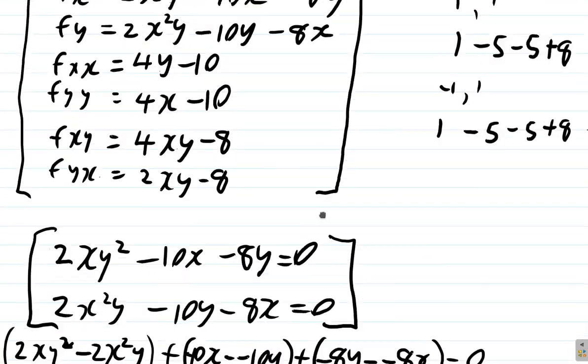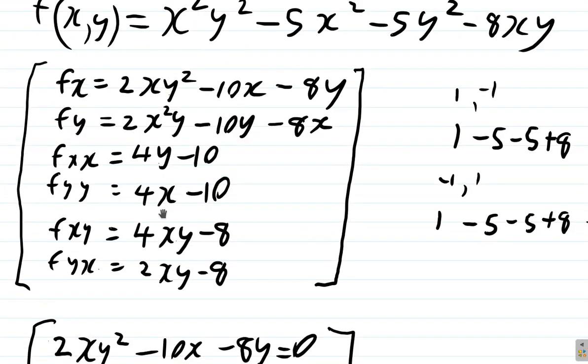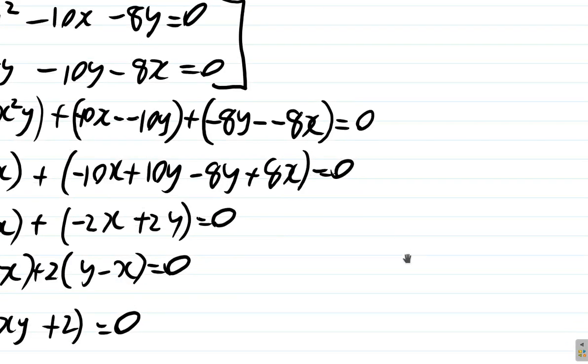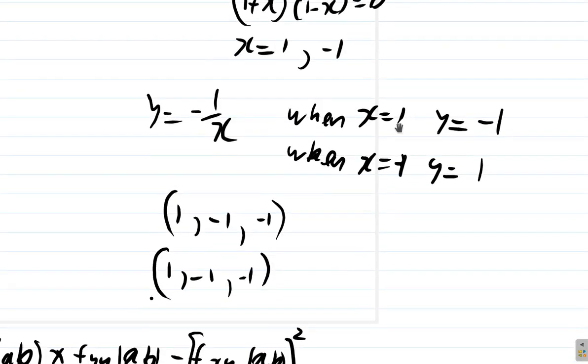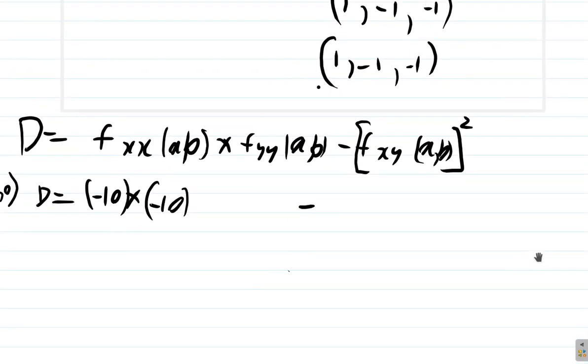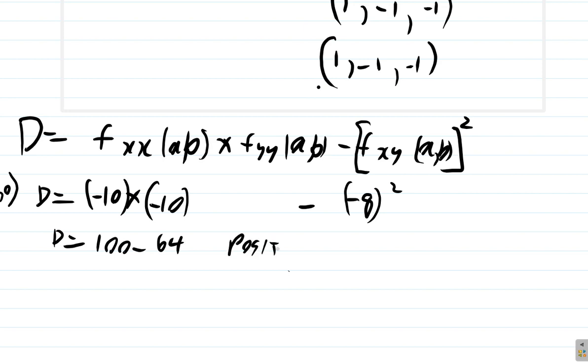Now when you have 0, 0, what happens with fxy? It would be negative 8, and negative 8 squared. So D would be 100 minus 64, so it's positive.